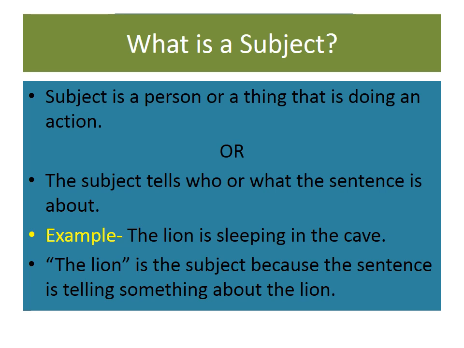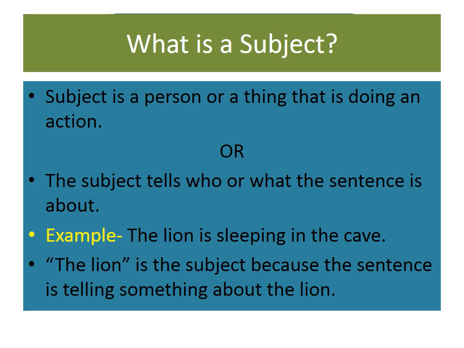We can understand it with the help of the given example on your screen. The lion is sleeping in the cave. So students, first find out the verb. So what is the verb in this sentence? Is sleeping. Good. Is sleeping is the verb. Now we shall ask a question by placing who or what before the verb.